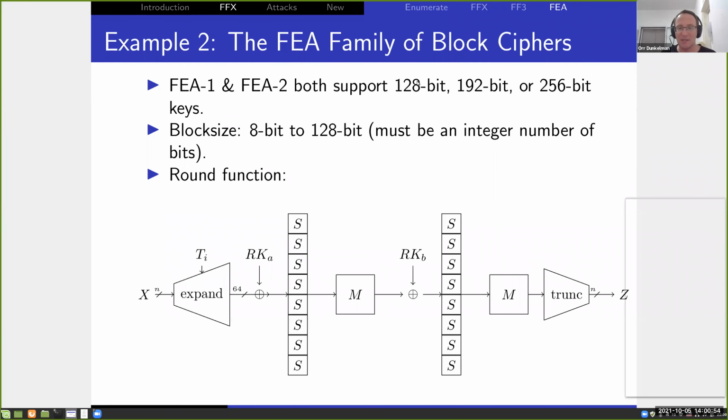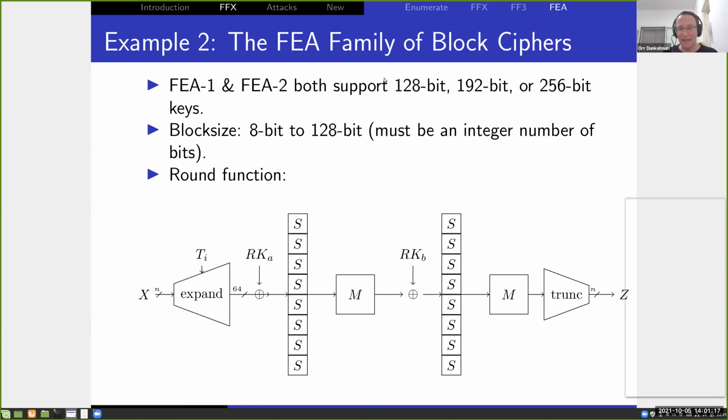The second example is the Phi block ciphers. It's a family of block ciphers from Korea. These are from the Korean standard, originally designed by Lee et al. from 2014. They support 128-bit, 192-bit, or 256-bit keys, and block sizes from 8 bits to 128 bits.